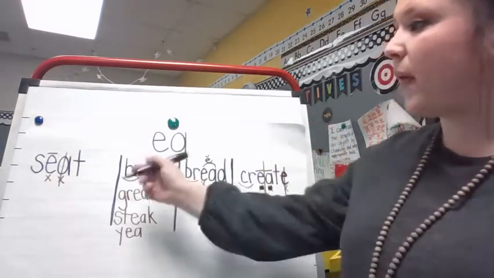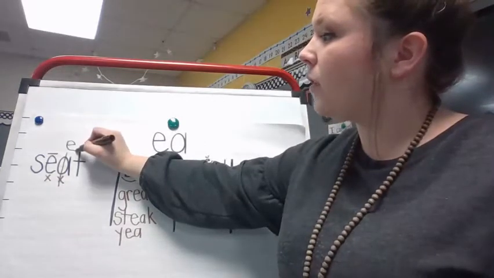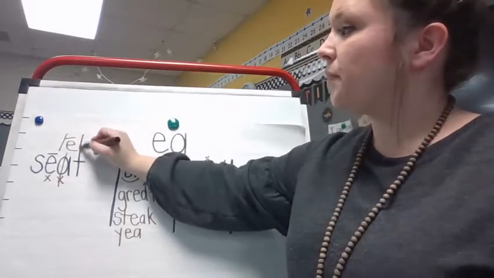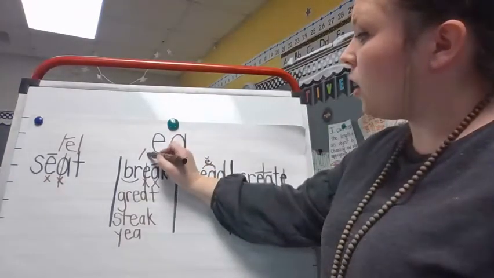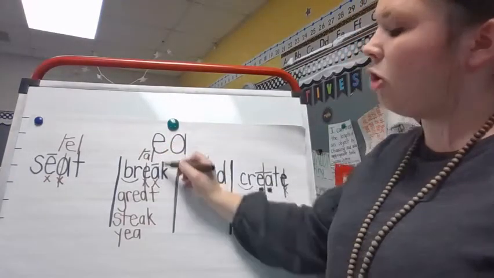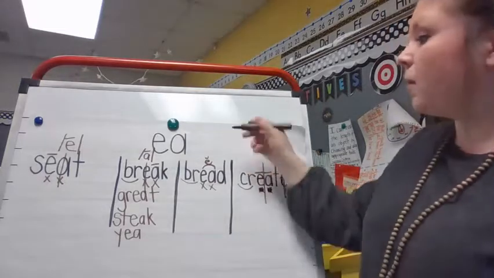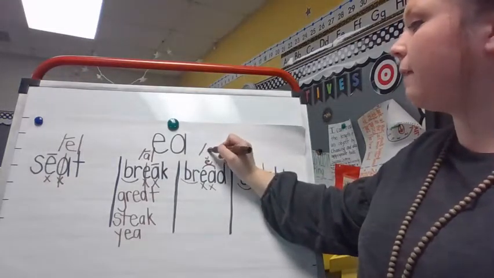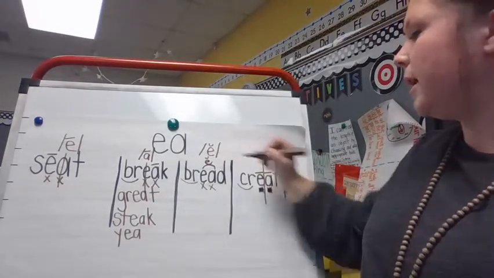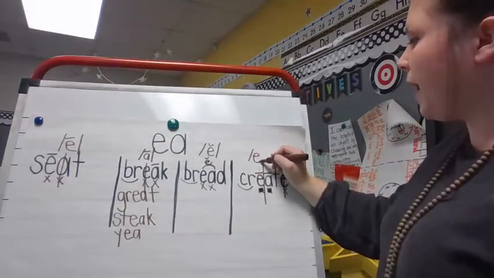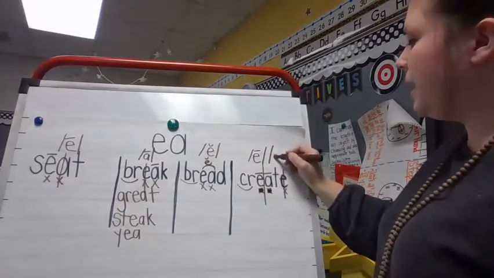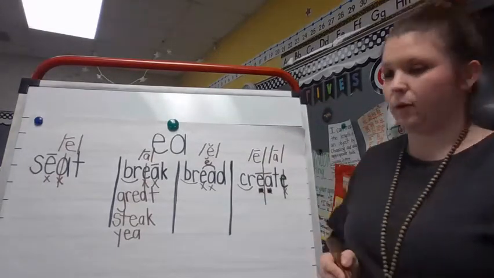So we've learned that the spelling of EA can have the long E sound. We've learned that the spelling of E and A can have the long A sound, but only in a couple of words. We've learned that E and A can have the short E sound, and we've learned that E and A can both have long E sound and long A sound, okay?